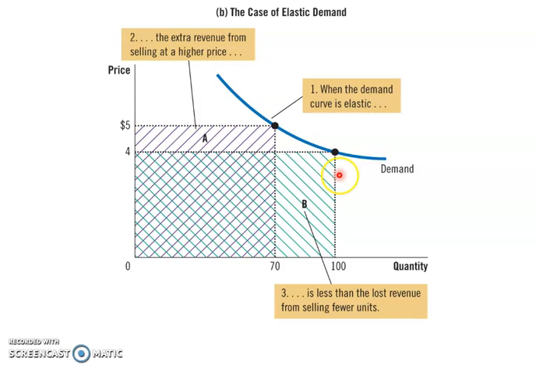Okay? I'm going to leave the second case, which is inelastic demand, for you guys to do as an assignment. Okay, you don't have to turn it in, but I think it's going to be a good practice for you, okay, to have a better understanding of this. So if you're doing an inelastic demand, you would find you have to draw a steeper curve, right?